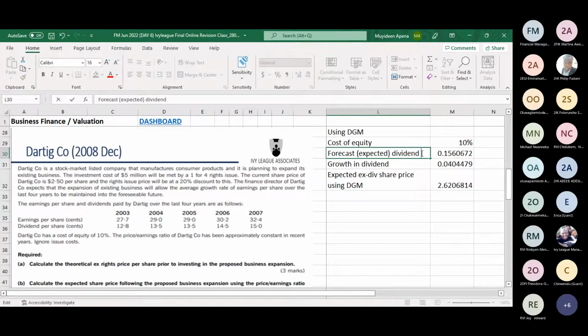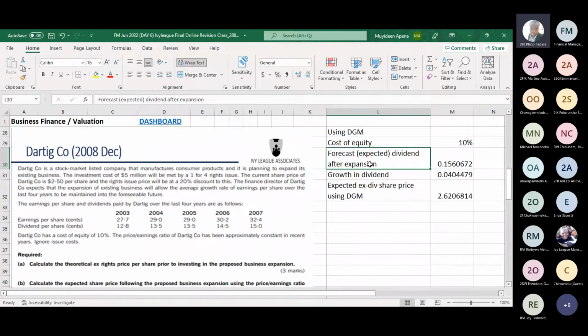Okay? After expansion. Please, can you just state the formula? I said, can you just write out your formula? Which formula is that? The one I apply here?